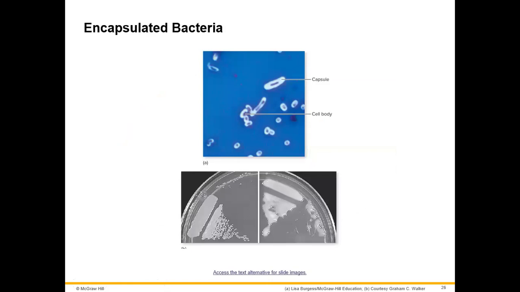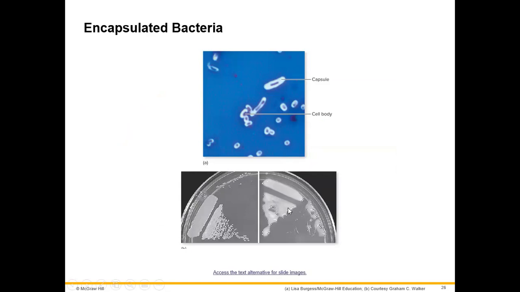So when you do a stain, the capsule here shows up because it repels the dye, the background stains. You can also stain the bacterium. The other thing about capsule and virulence, you can see there's a difference when you grow these in colonies.